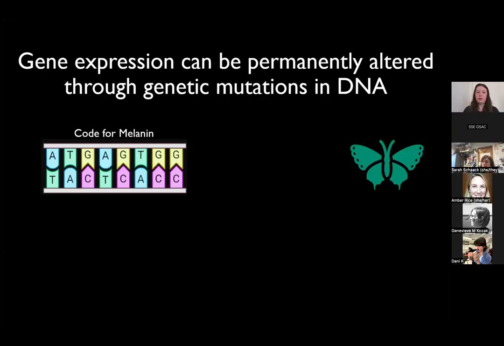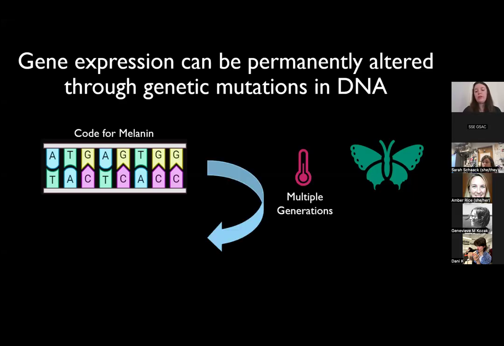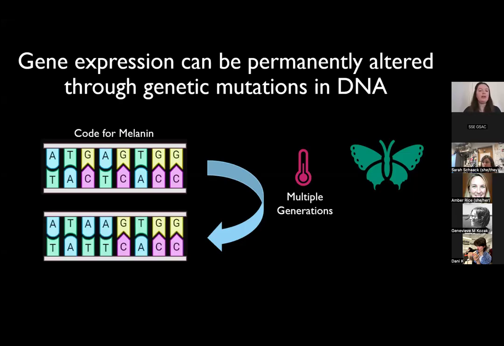So take this code of melanin here. That particular DNA code codes for a dark morph coloration. However, if we expose populations over time and through multiple generations to elevated temperatures due to the rapidly changing environments due to climate change, eventually over time, as we all know, mutations will occur.